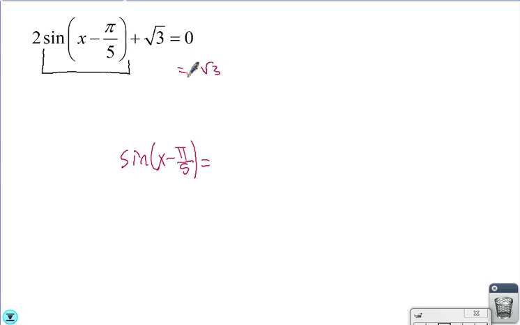It will be 2 times sine of this part is equal to minus root 3. Then you will have sine of this part, written inside the parentheses, equal to minus root 3 over 2. So now this is the question like we solved in the previous video.